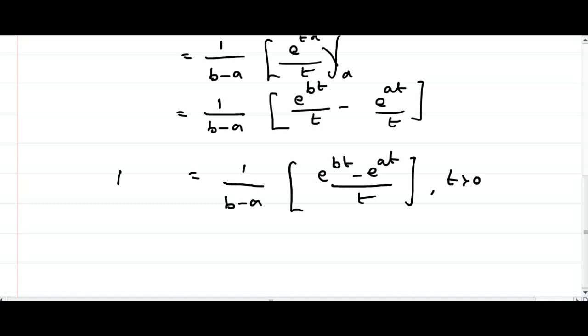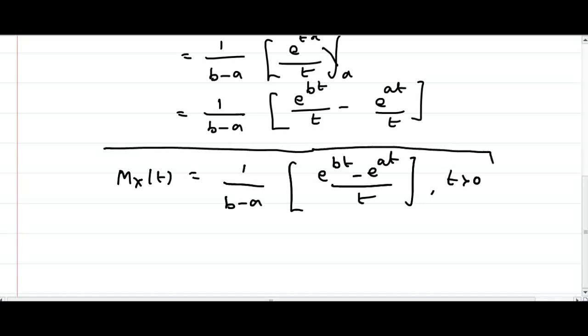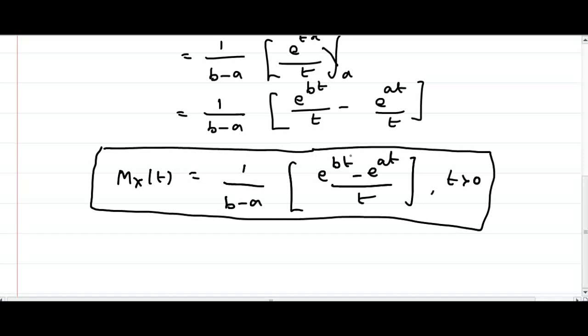So this is the moment generating function of the uniform distribution: Mx of t equal to 1 by b minus a into e power bt minus e power at by t, where t is strictly greater than 0. Otherwise, we get an undefined form.